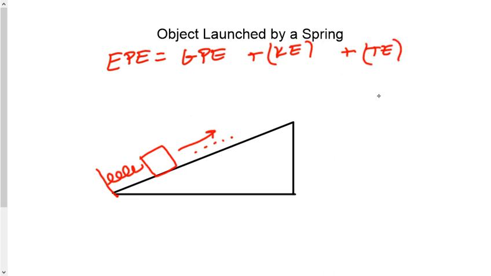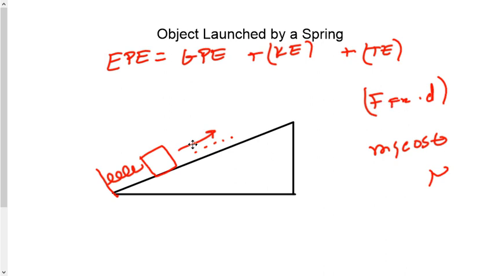And remember, thermal energy is friction force multiplied by the distance it goes. In this case, friction is going to be mg cosine theta. So don't forget that also. And remember there's a mu involved here. Force normal times mu is equal to friction force there.